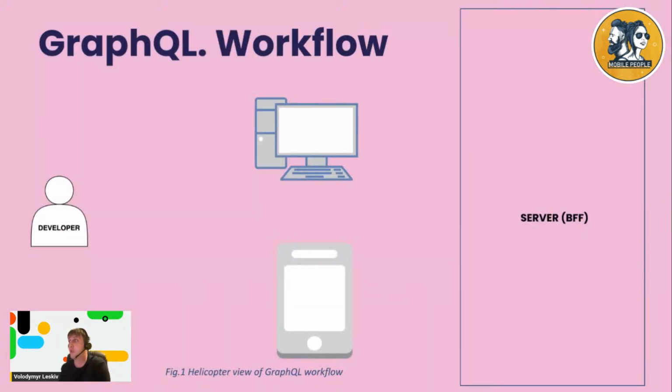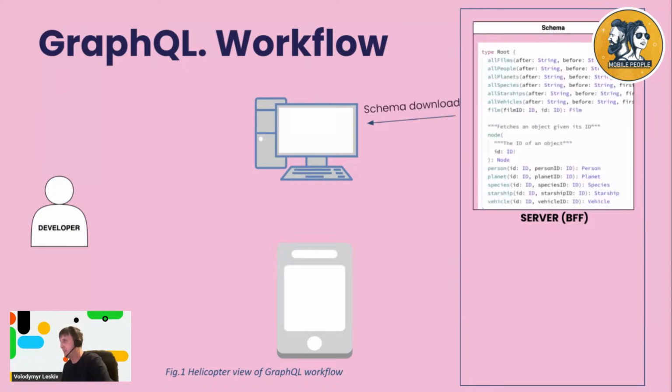GraphQL workflow, quickly. Some schema, not the GraphQL schema, but we can see the server, we can see the laptop, the developer, and the mobile device. Doesn't matter, iOS, Android. So let's begin. First of all, we have some schema. In GraphQL, we have a schema which declares everything. It declares your types, your queries, your mutations.